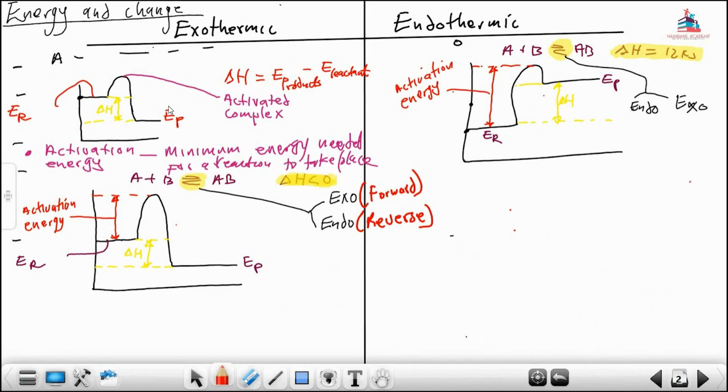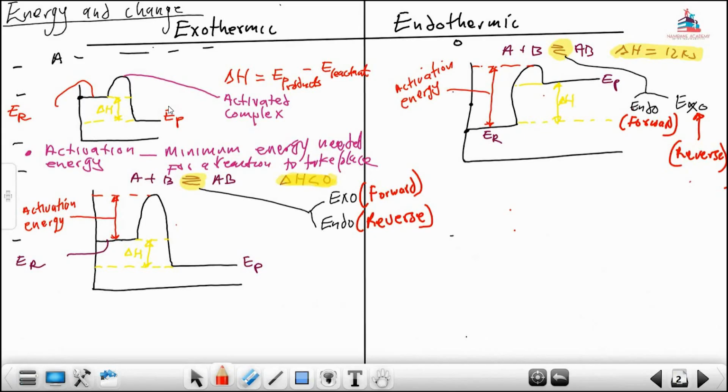So it comes to this also. Because delta H is greater than 0, because we have 12 kilojoules, I can confidently say the forward reaction is now what? Endothermic. And then this one here basically says the reverse reaction will now be exothermic.